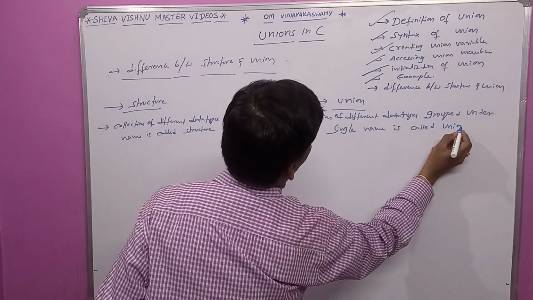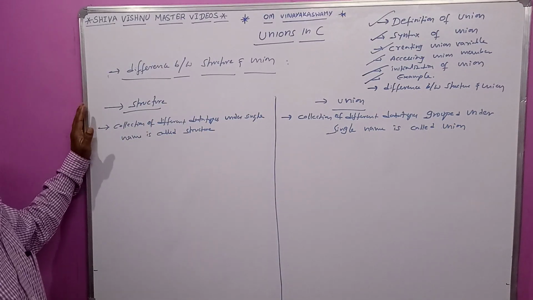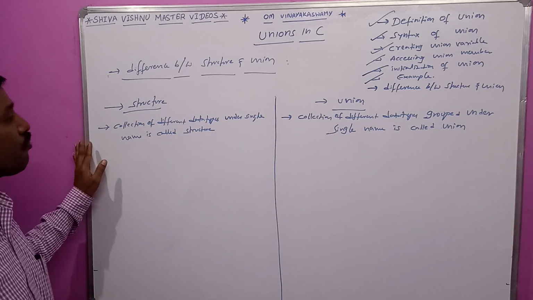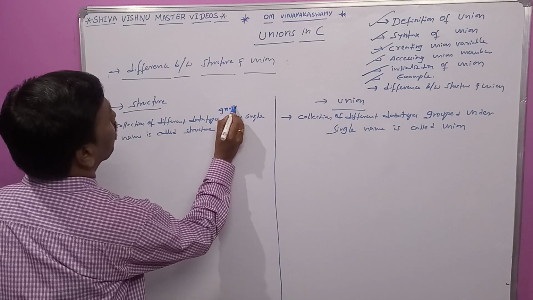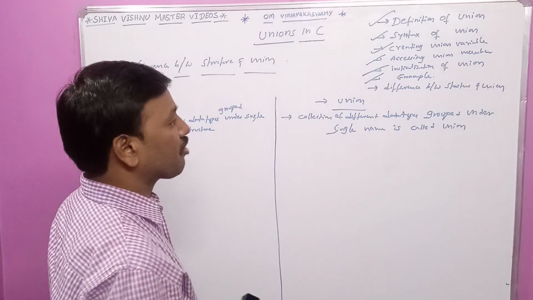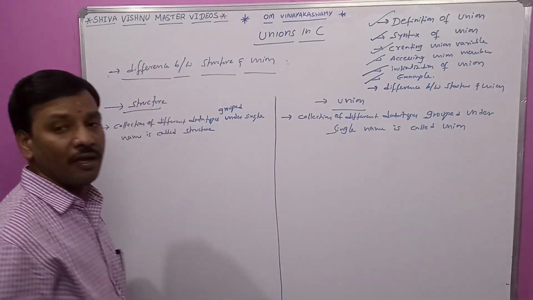The definition is the same. Collection of different data types grouped under a single name is called a structure, and collection of different data types grouped under a single name is called a union.